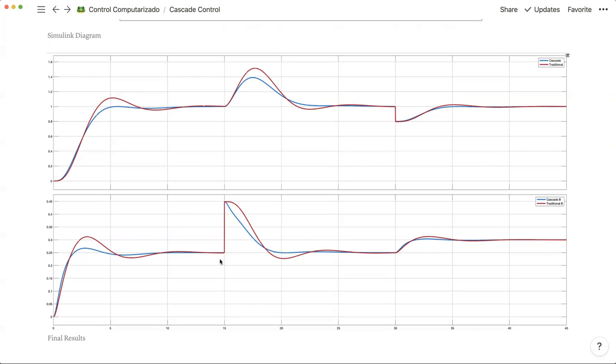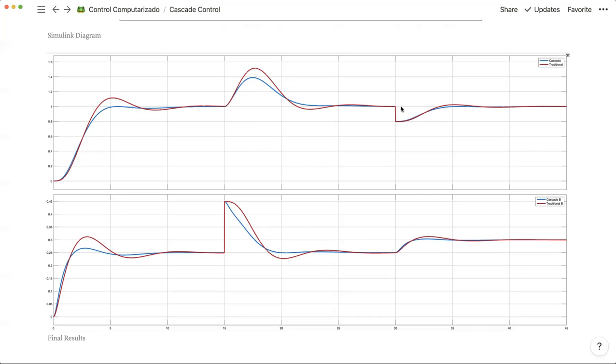Then we add a disturbance to the first process G1, and we can see that again it is faster, there is almost no overshoot, there are almost no oscillations. The second process G2 is less affected by the disturbances in inner loops in the case of the cascade control.